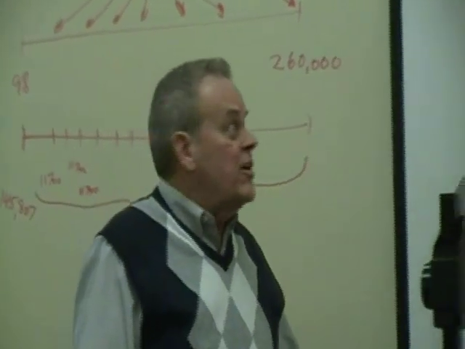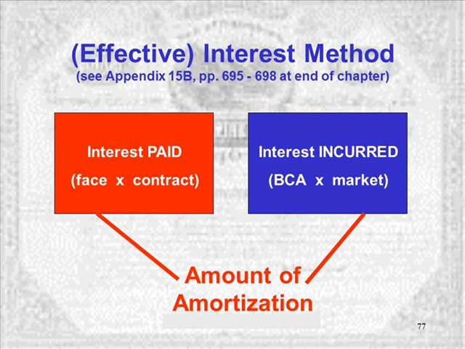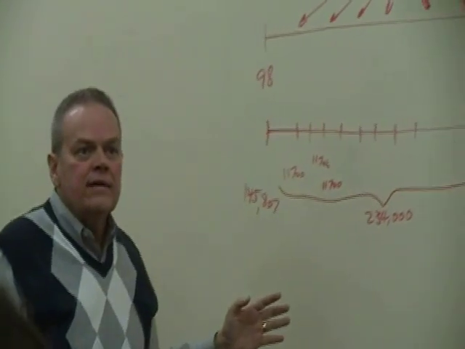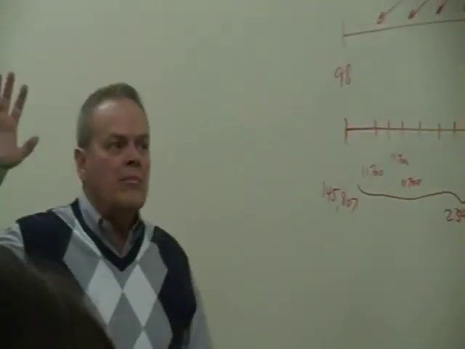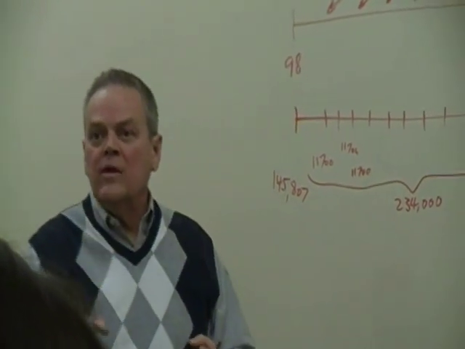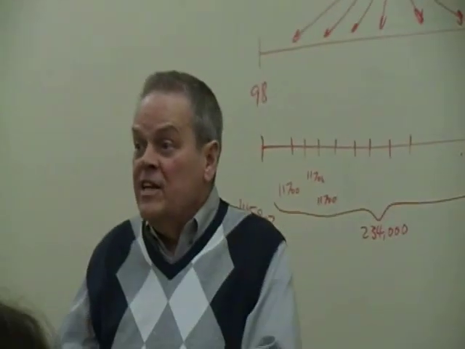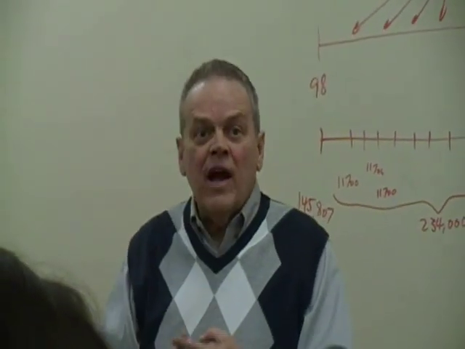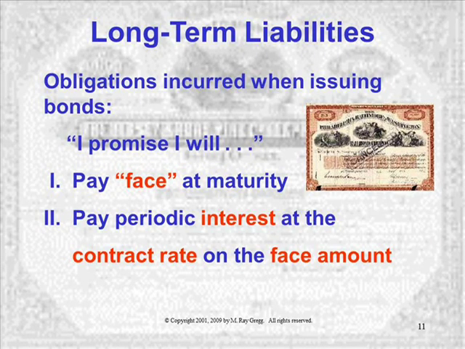So $11,700 with each payment is in interest expense. That is the face amount times the contract rate. That's the agreement we made when I promised you these things. That's what's in writing. No verbal agreement that we make is going to have an influence on that. It's what's in writing. I will pay you interest at the face amount on the contract rate, the beginning of lecture on Monday.